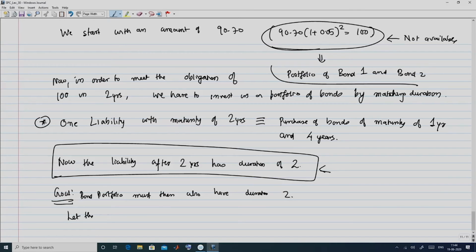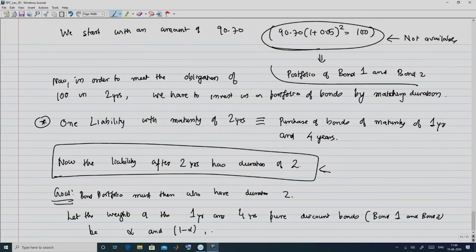So, let the weights of the 1 year and 4 years pure discount bonds, the ones identified as bond 1 and bond 2, be alpha and 1 minus alpha respectively.